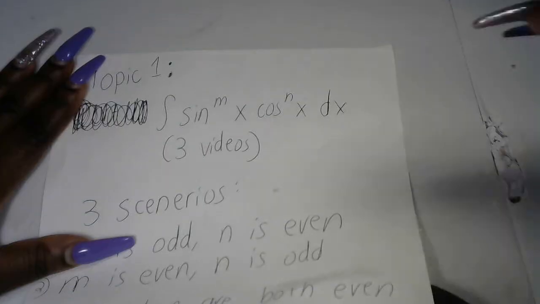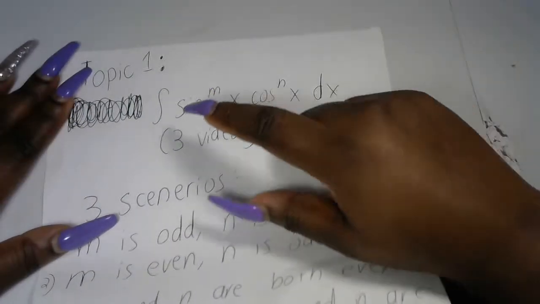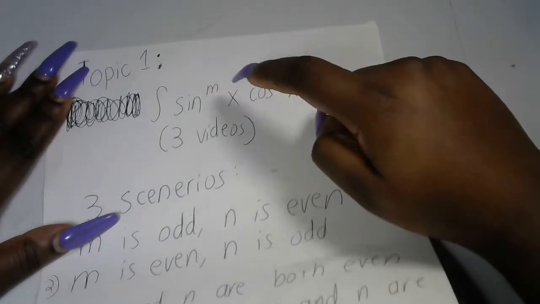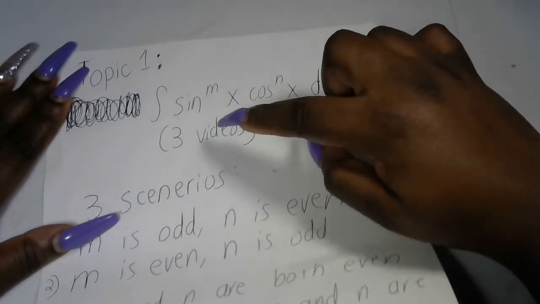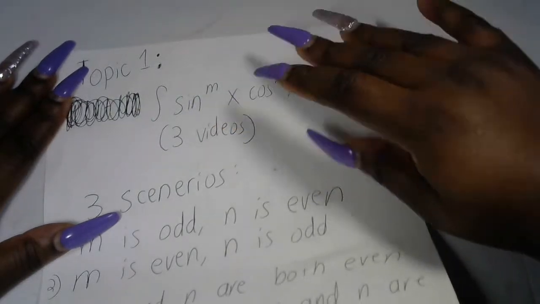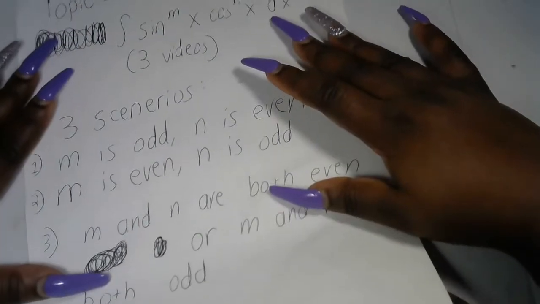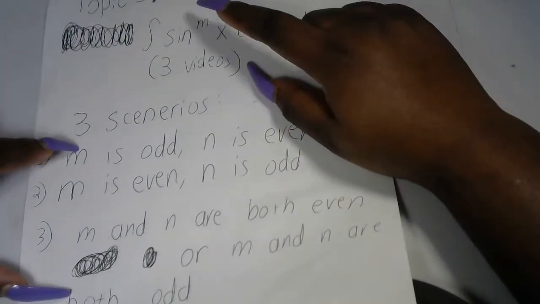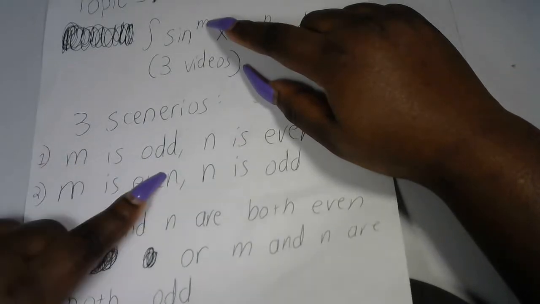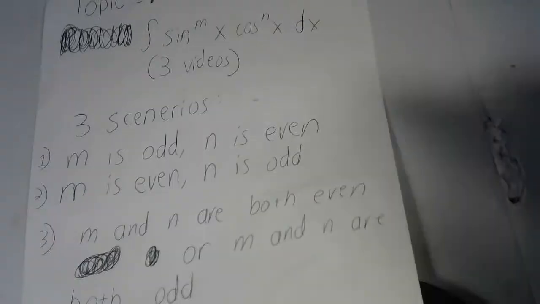So like I said, for topic 1, we're going to do integrals of sine x to the m power times cosine x to the n power dx. I'm going to do 3 videos on this topic because there are 3 different scenarios for this type of integral. There's a scenario where m, the exponent of the sine function, is odd, and n, the exponent of the cosine function, is even.